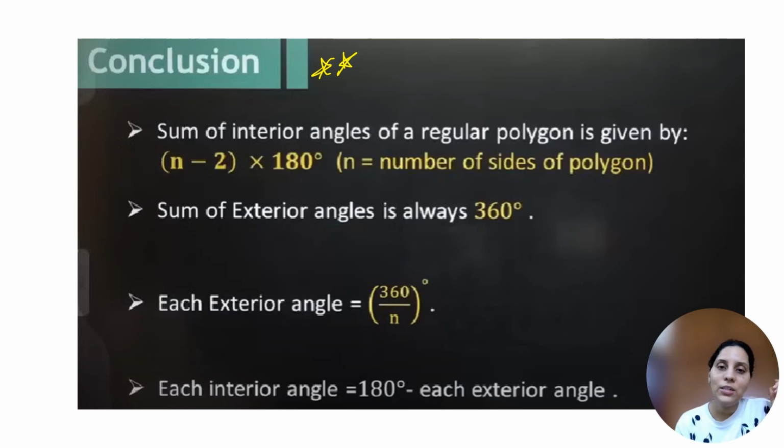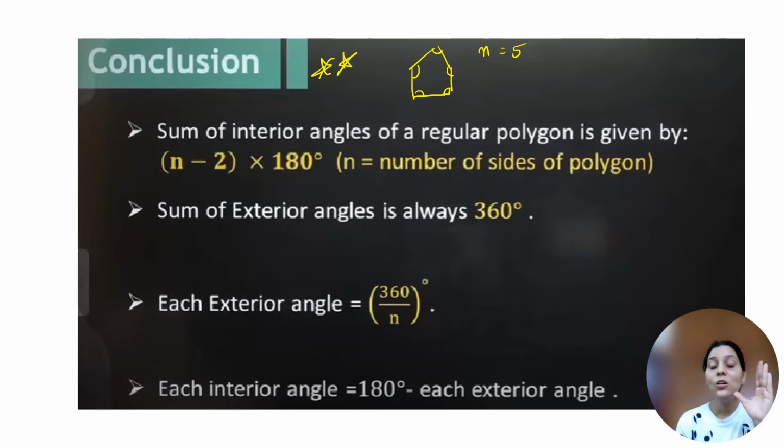Now, let me take a pentagon. This is a pentagon, which means n is 5. I'm not taking triangle or quadrilateral, because we know in a triangle the sum of all the angles is 180 and in a quadrilateral the sum of all the angles is 360. Now let me take the pentagon. In a pentagon you have 5 angles, right? But I'm not sure what the sum of all these 5 interior angles is equal to.